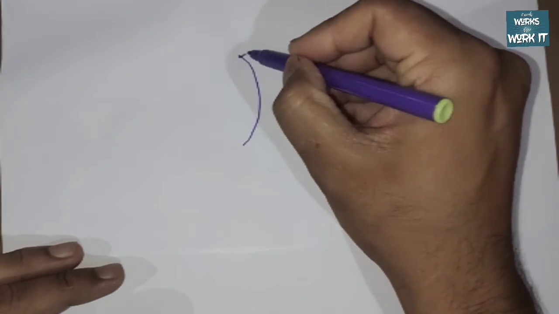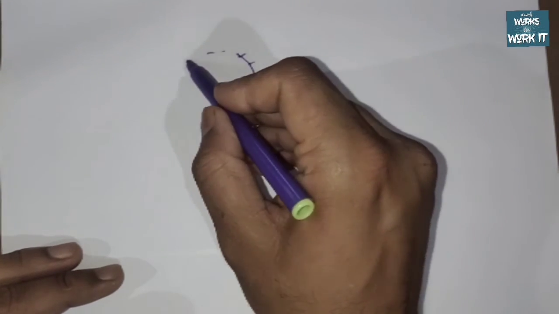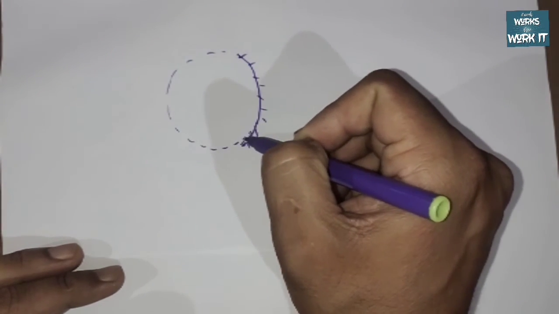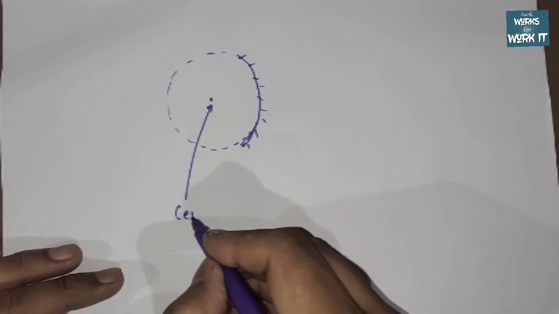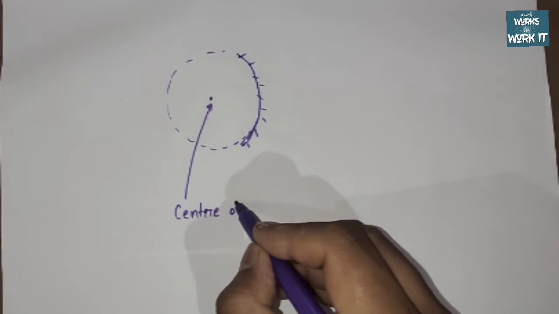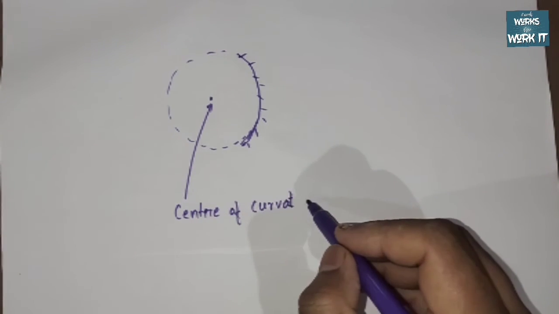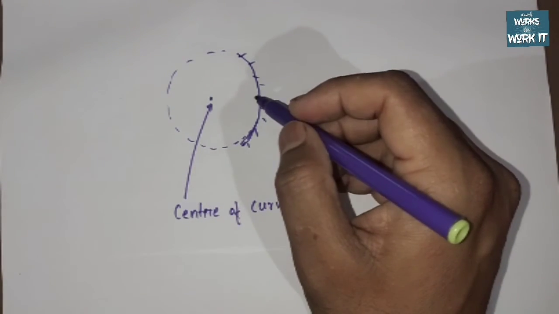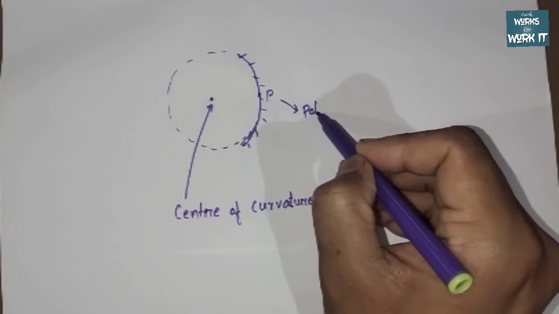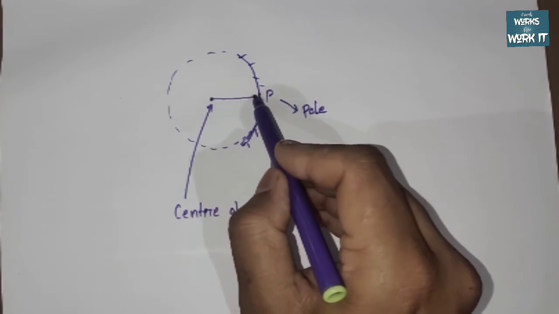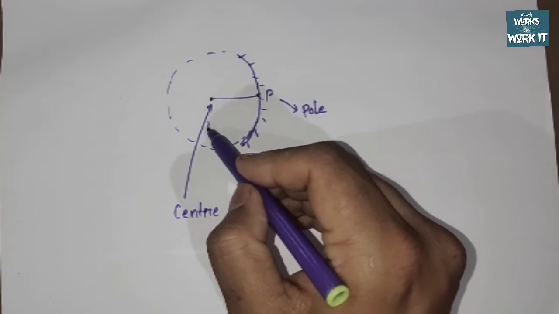So let's understand the terms with the help of a diagram. Suppose this is a concave mirror and this is a hollow spherical glass. The center of the hollow spherical glass is called the center of curvature. This point I have denoted as P, it is the pole, the center of the spherical mirror.